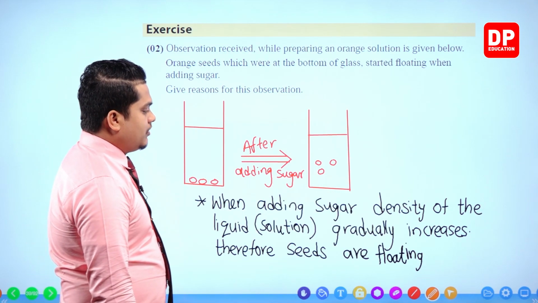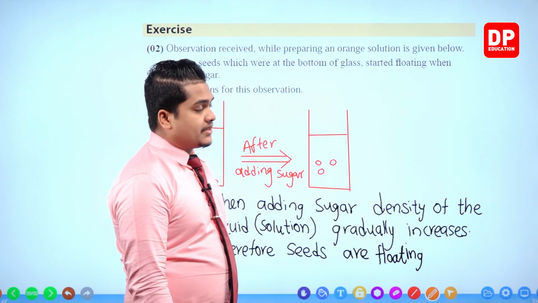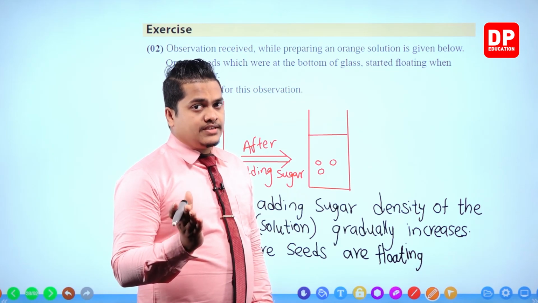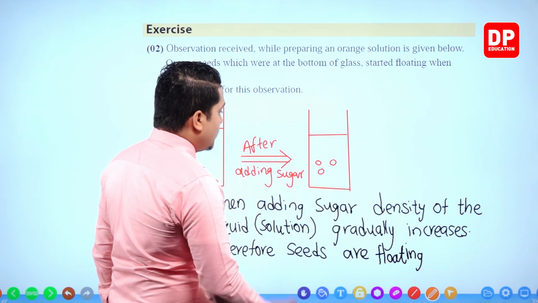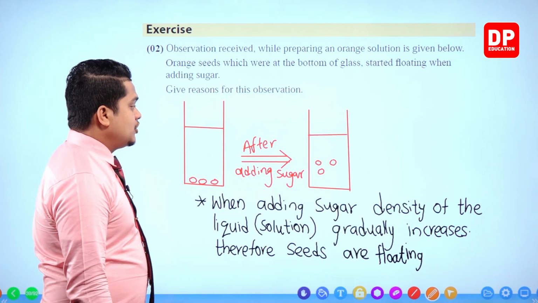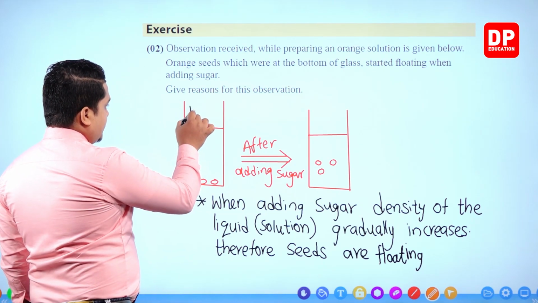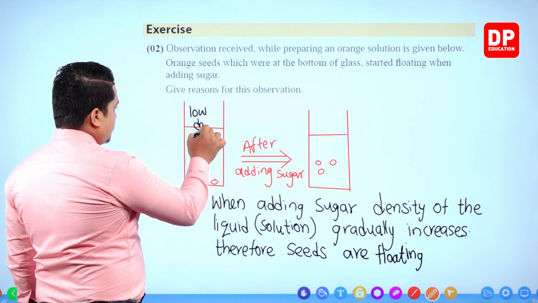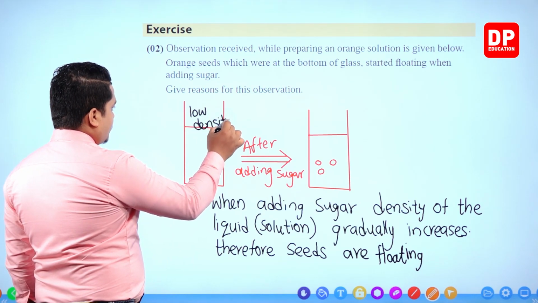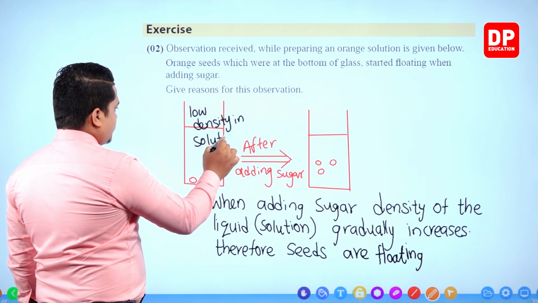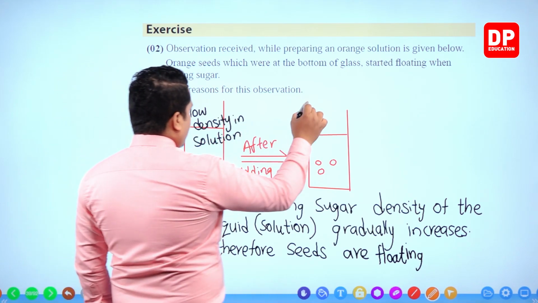Therefore, seeds are floating. Right? That is the reason why the orange seeds are getting floating on the orange juice after adding sugar. So here, low density, but in here, high density.